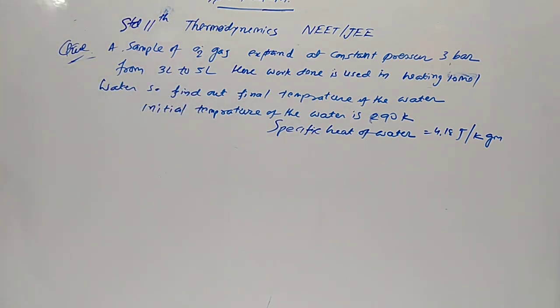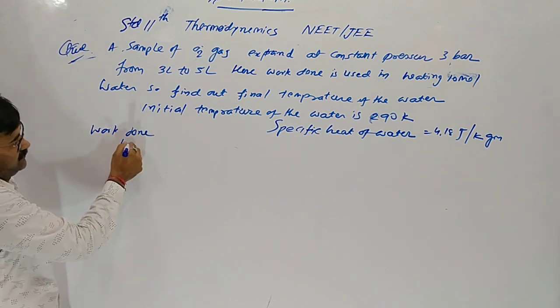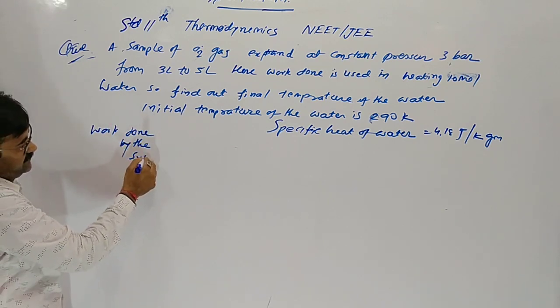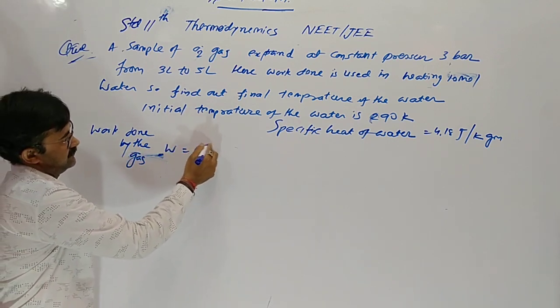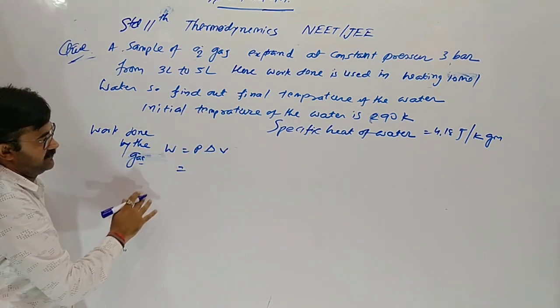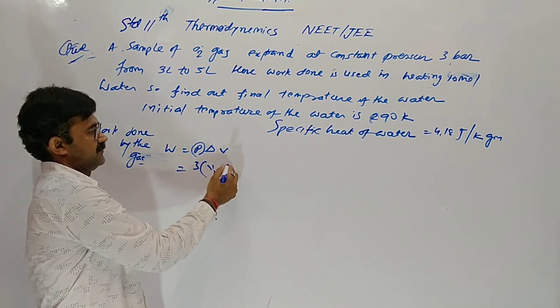So here first of all, the work done by the gas will be P into delta V. Clear? Here the external pressure is constant, 3.